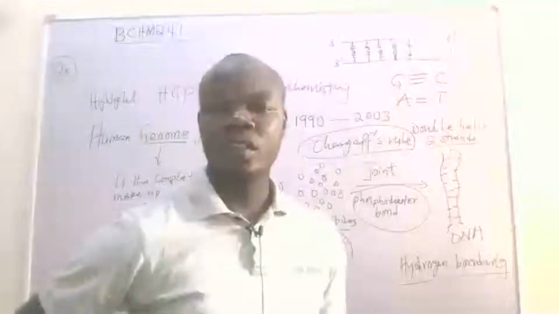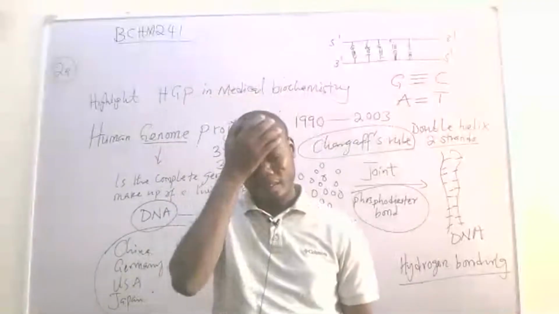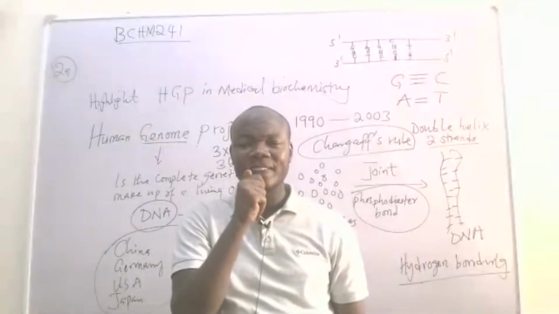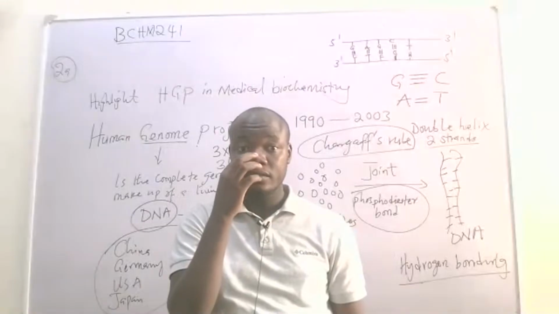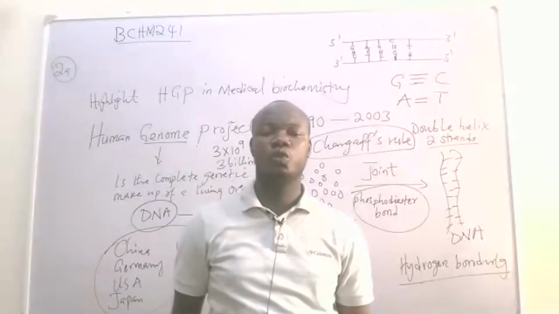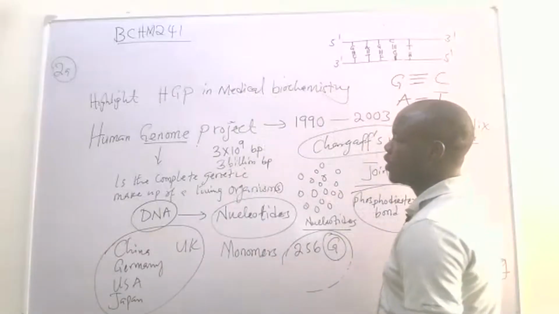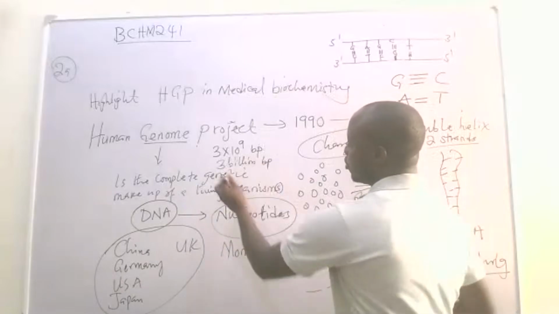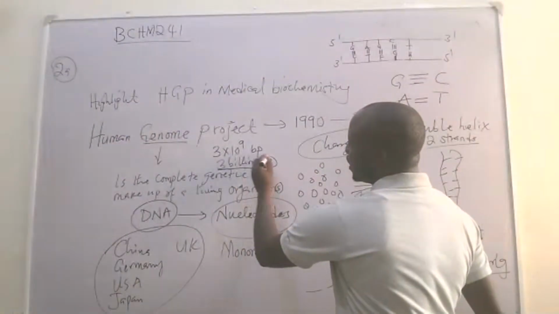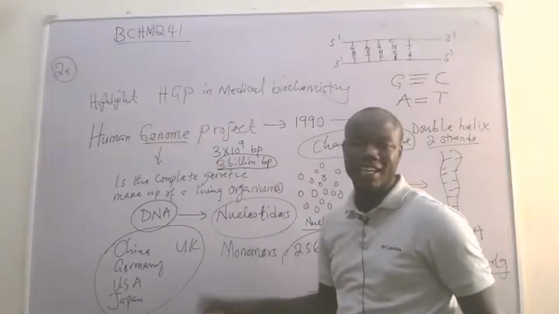That is how the scientists were able to know that in the human genome there are about 3 billion base pairs. That is 3 billion nucleotides in human DNA.